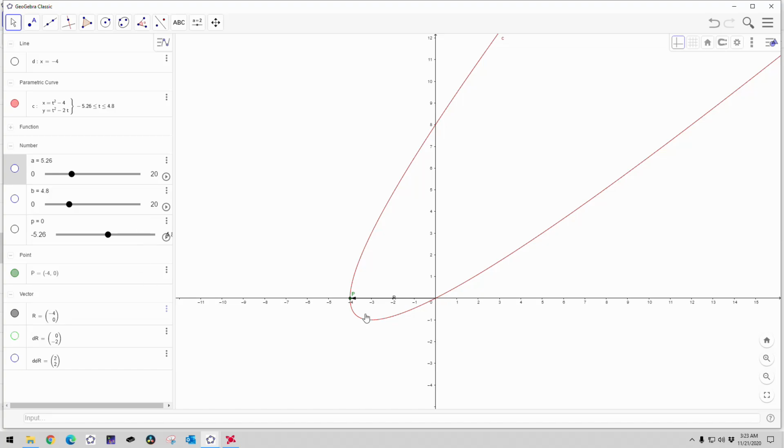And then some interesting points of course would be the point where t equals 0, which happens to be a vertical tangent, and then the next one when t equals 1, right here. The tangent happens to be horizontal there, or close to it.